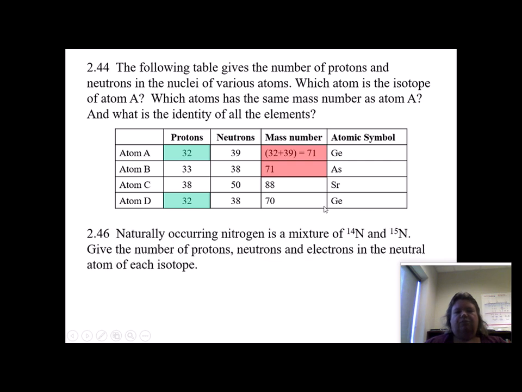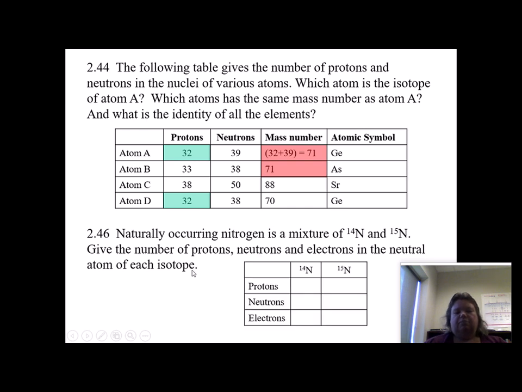All right, number 46 says naturally occurring nitrogen is a mixture of nitrogen-14 and nitrogen-15. Give the number of protons, neutrons, and electrons in the neutral atom of each isotope. So again, set up a table where I have the protons, neutrons, and electrons, and the two nuclides. Okay.